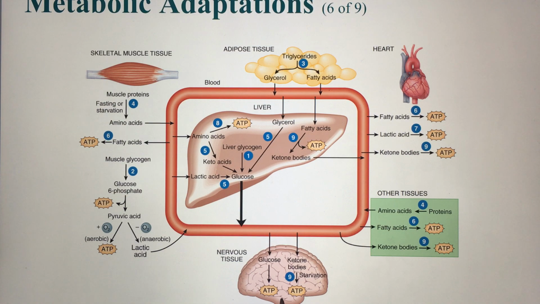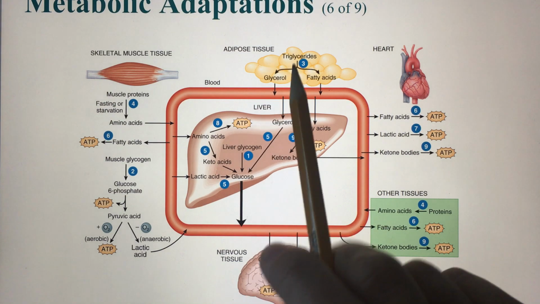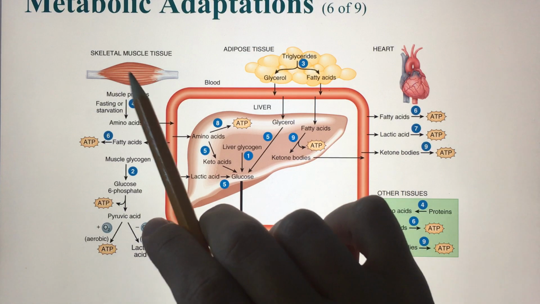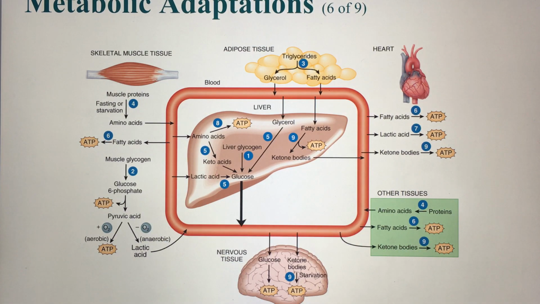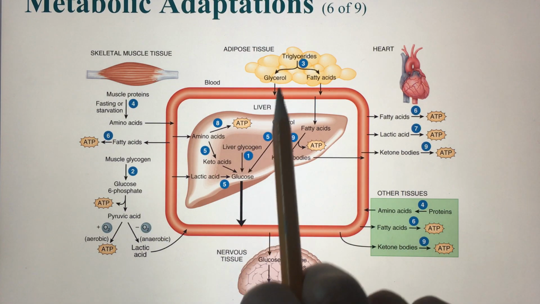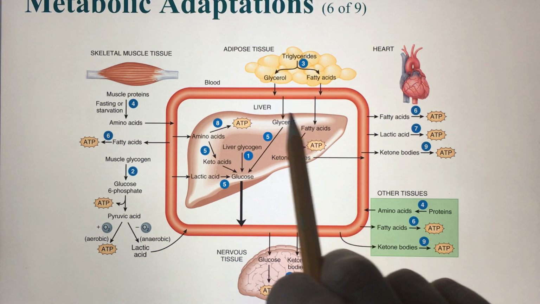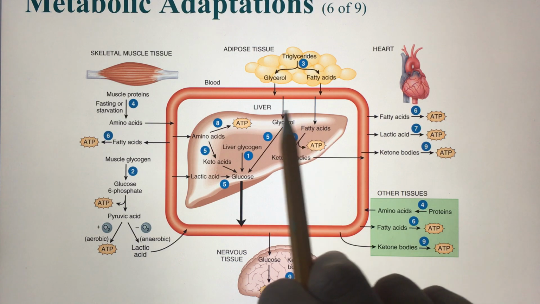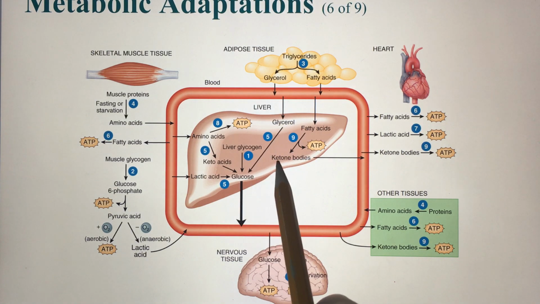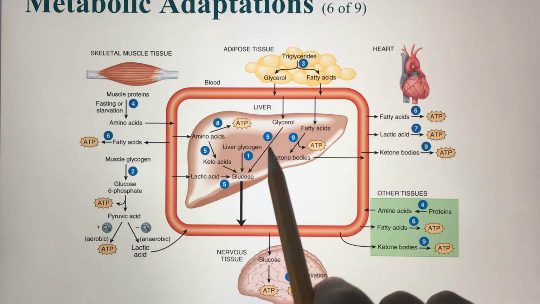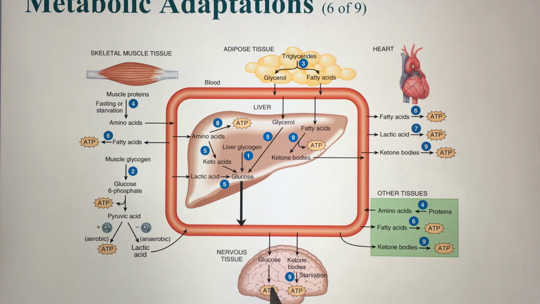So when our body is starving, it can use its fat reserves or protein reserves and break them down into their constituents. Fats will be broken down into glycerol and fatty acids. They will have to go through the liver first in order to make glucose or ketone bodies. Glucose is made from glycerol, and it's going to be an energy source for our brain primarily.